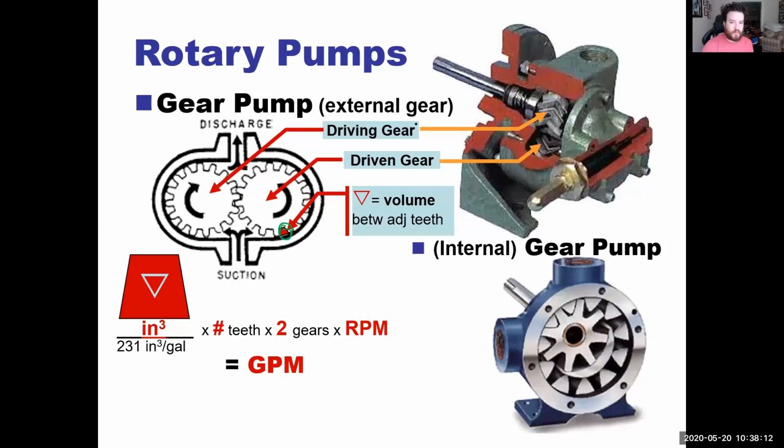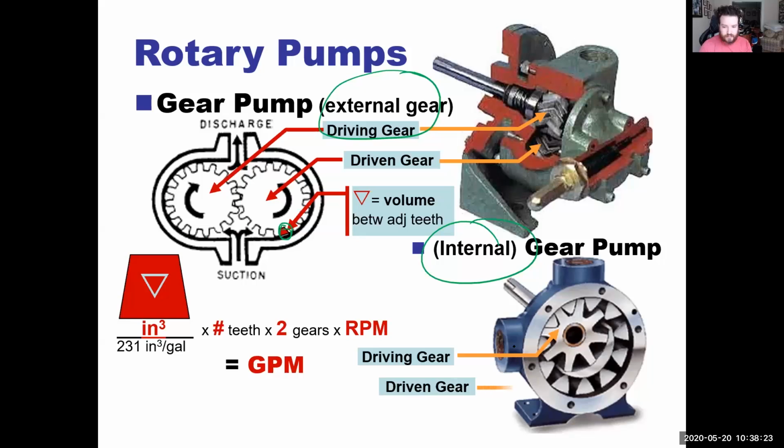Now, this is an external gear. We also have an internal gear pump, where basically we only have one gear. Now, we have a driving gear and a driven gear again.